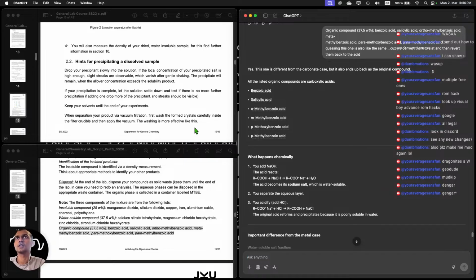The washing is more effective like this. What? Then what do you even mean for separating the crystals? You're already applying vacuum. What do you mean? Is my English too bad to understand what they mean, or is there a real flaw?